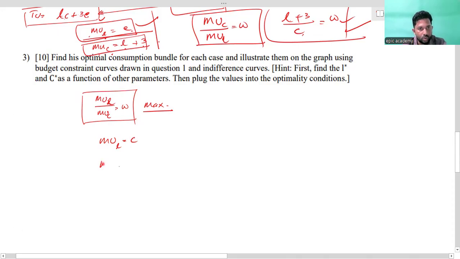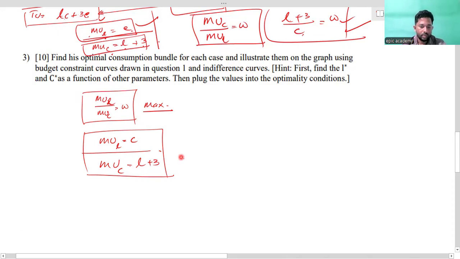MUC equal to L plus 3. Those are the marginal utilities. So then this is the equation: C divided by L plus 3 must be equal to W.